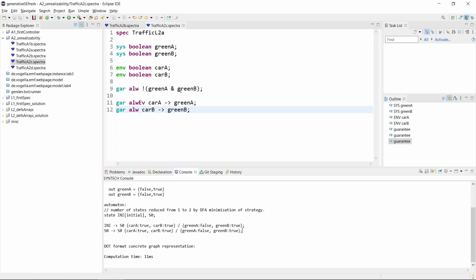Again, we can never have green lights at A and B at the same time, otherwise the cars might crash. And then it says always eventually we have to have a car on A, which implies that we also have green A. And now we see that here car A is always true, which means that to make this implication true, we always eventually have to have a green light on A. Now we also have always a car on B, and here it says when there's a car on B, we just need to have the green light.